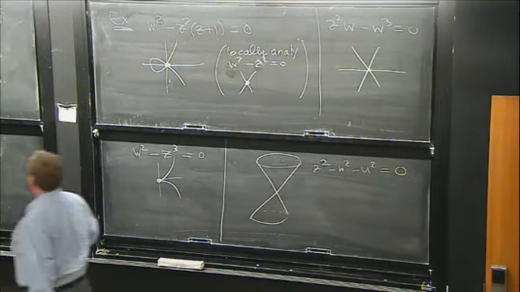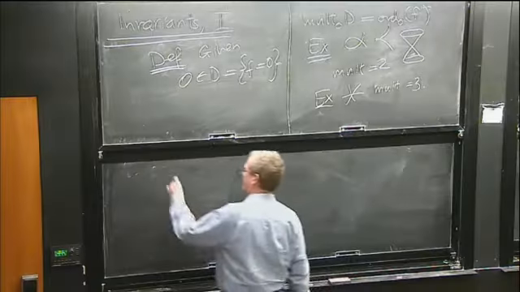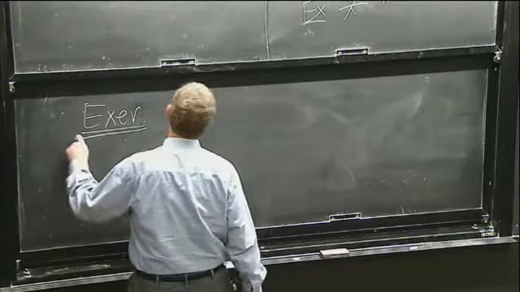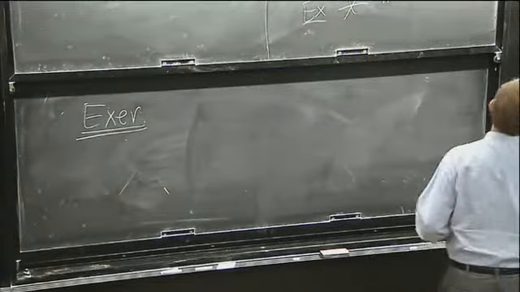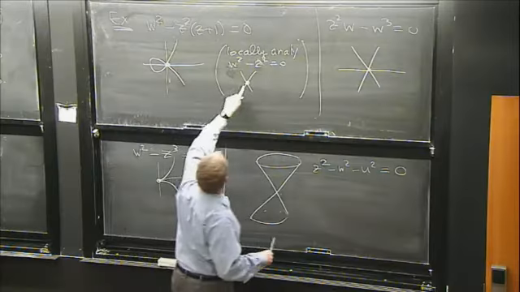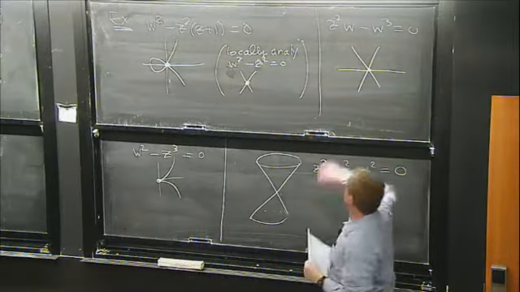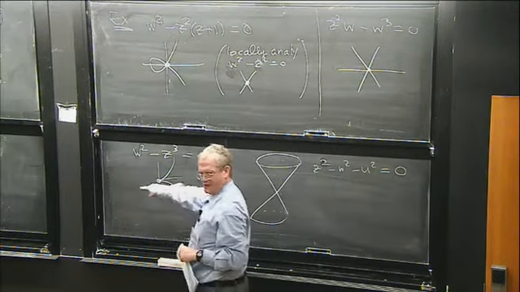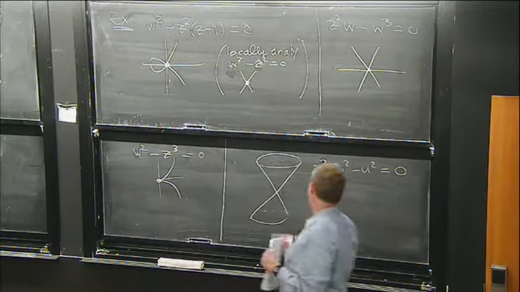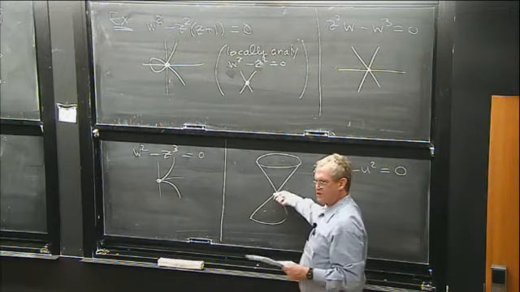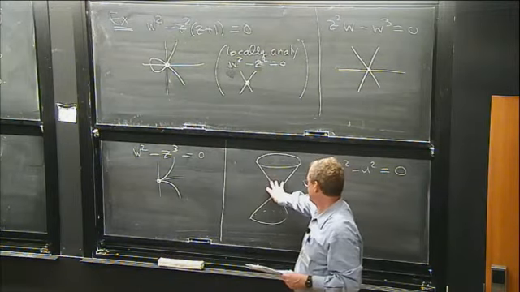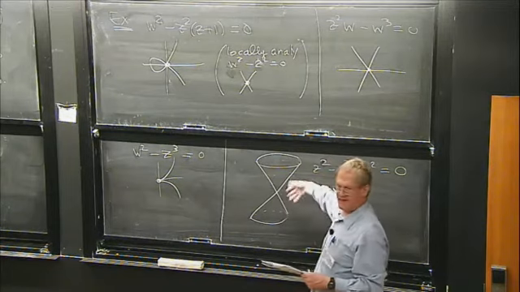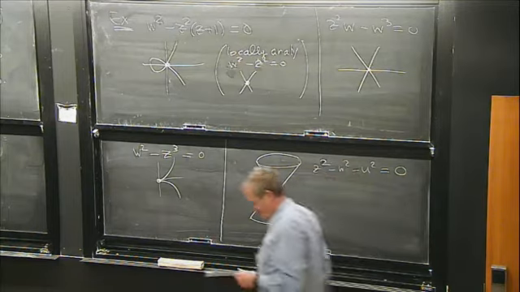Here's a little exercise. With this double point and this triple point, it's kind of measuring how many branches there are through the origin. But here it's a little more complicated. This is what's called a normal singularity: if you took a small ball and removed the origin, it would be locally connected, so you don't have different branches. This is what's called unibranch.